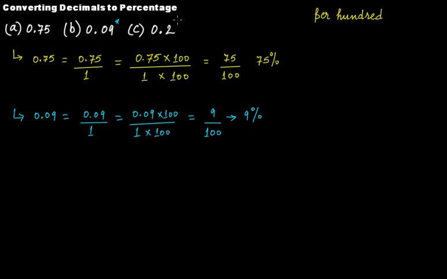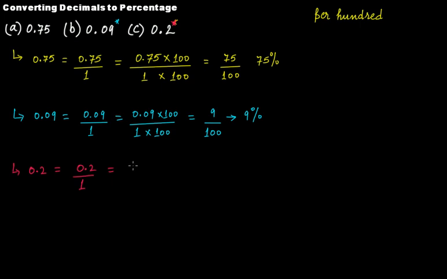In this case, this is 0.2. We can write it as 0.2 divided by 1, because the value doesn't change if we divide by 1.